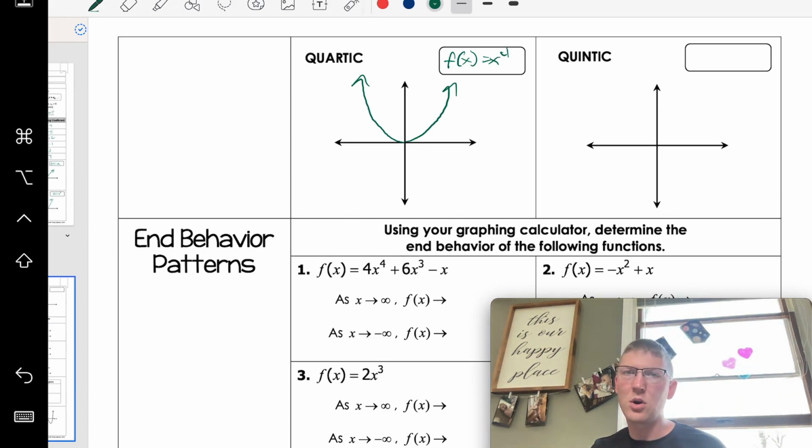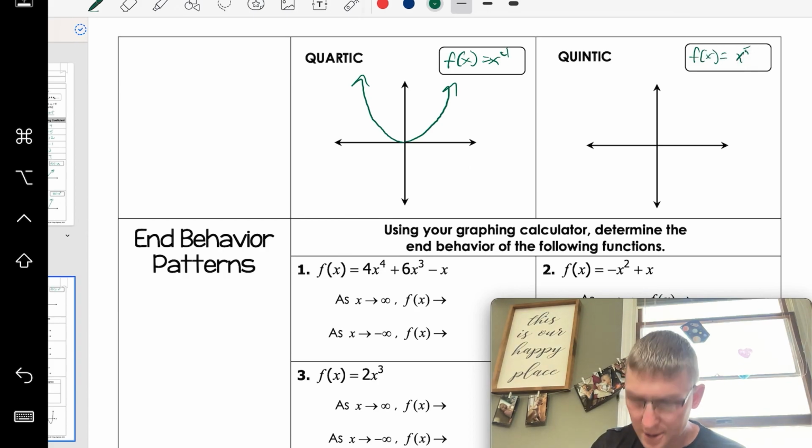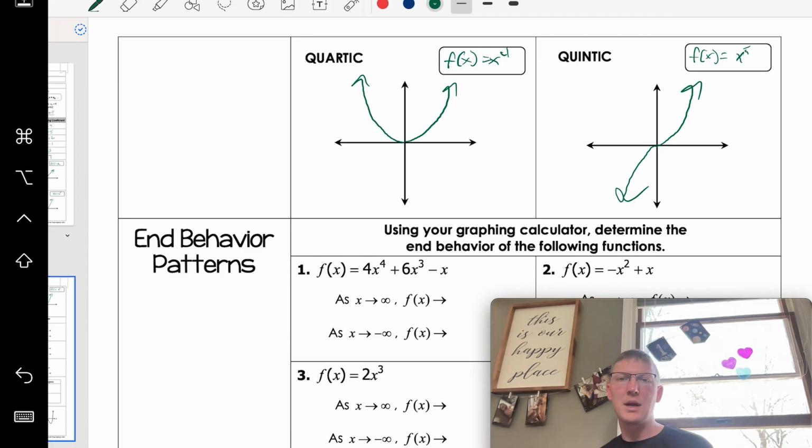And then we've got a quintic, f of x equals x to the fifth. It's going to look very similar to the x cubed one, again going in two different directions. Hopefully you see a pattern here, maybe? Let's explore that pattern.